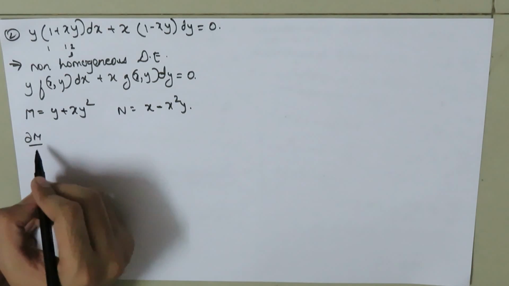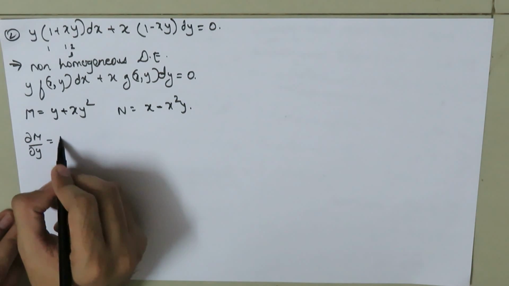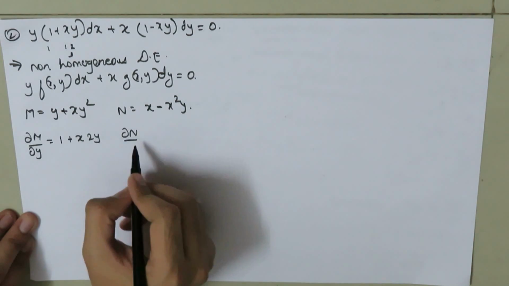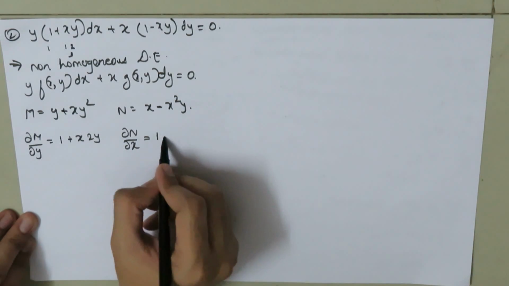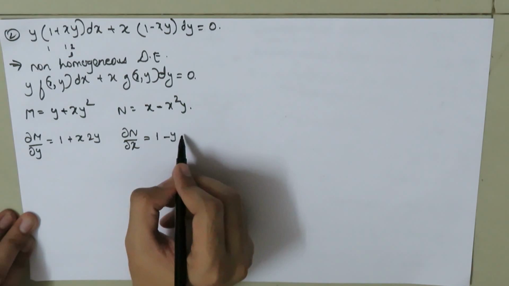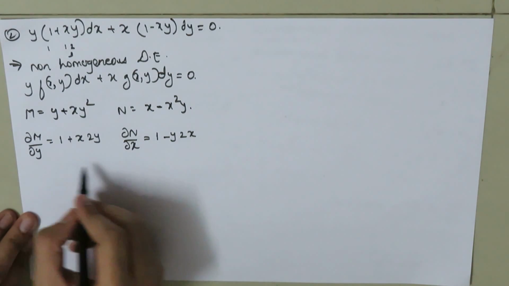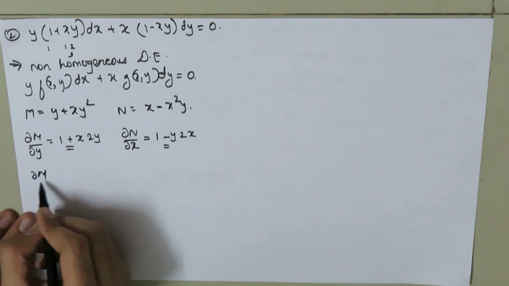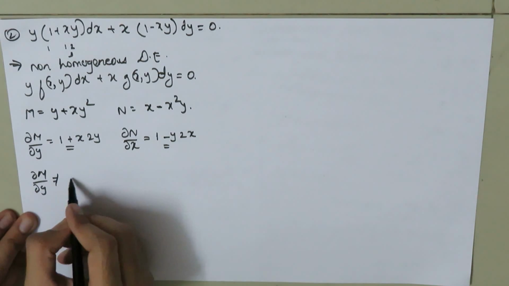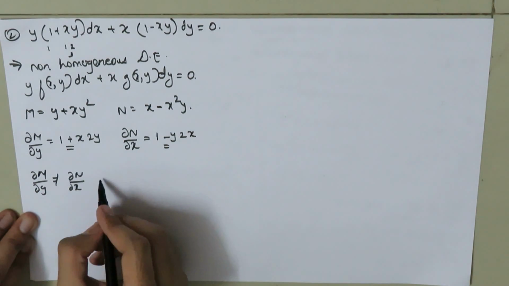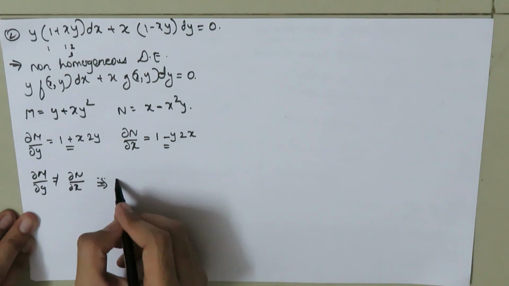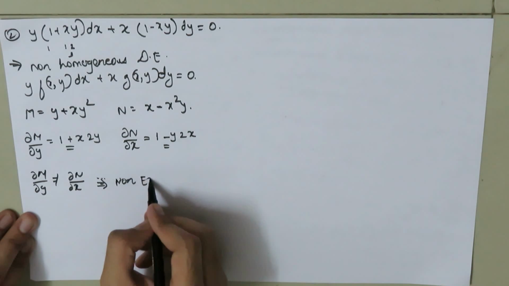So delta M upon delta y is equal to 1 plus x times 2y, and delta N by delta x will be equal to 1 minus y times 2x. So here we have a positive sign and here we have a negative sign. So delta M upon delta y is not equal to delta N by delta x, which implies that the given differential equation is non-exact.